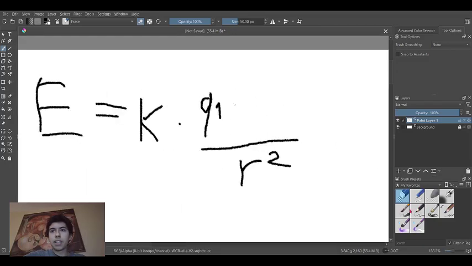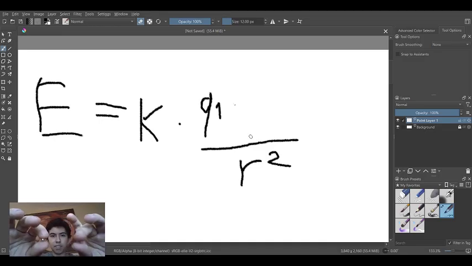Essentially, the electric field can be defined as an invisible sphere of influence around a charged particle or a charged plane or something like that, such as this magnet. This magnet, if it was an electrostatically charged particle, would have an electric field. And that means that it can interact with other particles which are also electrostatically charged.